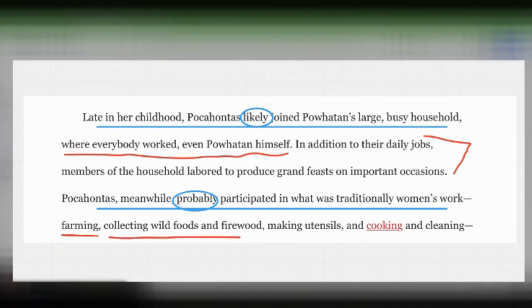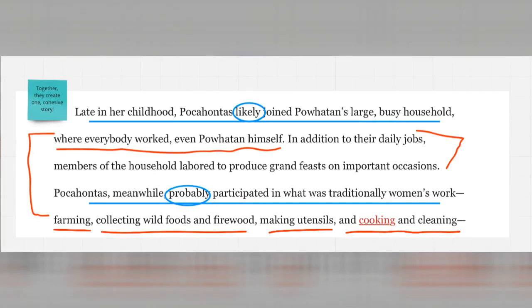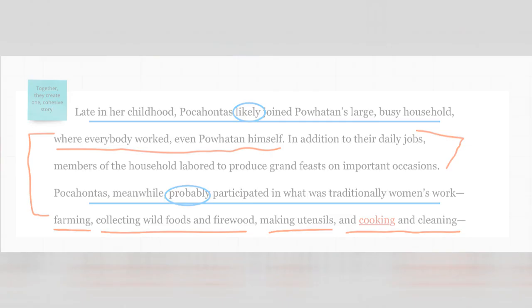So by pairing her educated inference with these well-researched, verifiable historical facts, she's able to actually bolster the overall story that she's able to tell about Pocahontas and provide us this really well-rounded picture of what Pocahontas' childhood was like, and thereby give the reader an answer to an unanswerable question.